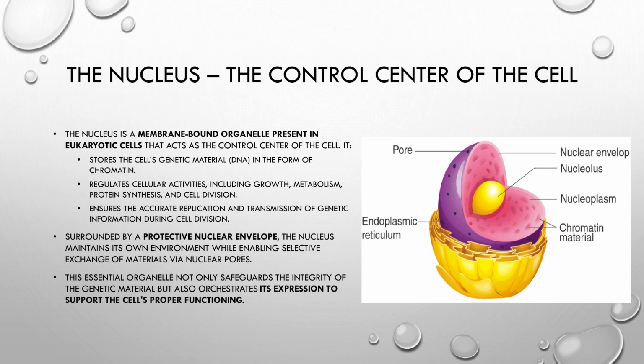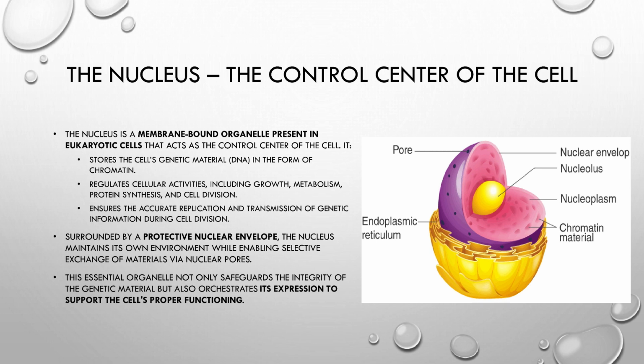It acts as the control center of the cell because it stores the cell's genetic material, which is DNA, in the form of chromatin, and it also regulates cellular and metabolic activities such as cell division, respiration, excretion, etc. It also ensures the accurate replication and transmission of genetic information during cell division.